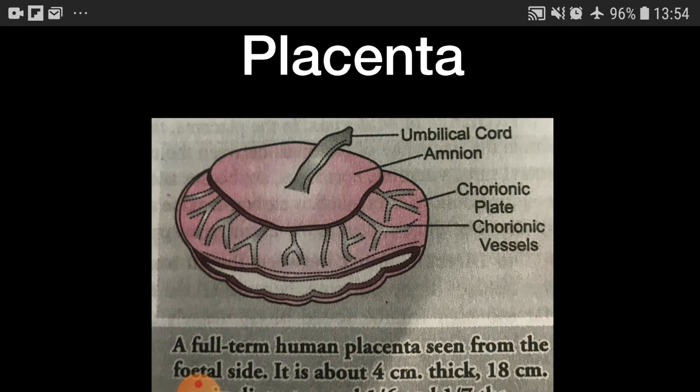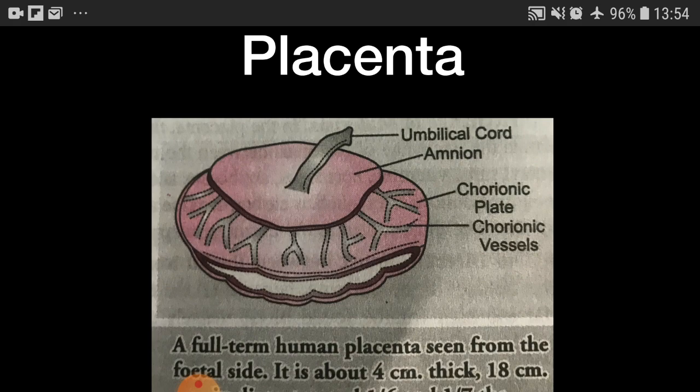So, in the placenta, a large number of villi from the vascular chorion penetrate the corresponding pits, the crypts, which are formed in the uterine wall. The latter becomes very thick and highly vascular to receive the villi. The intimate connection established between the fetal membrane and the uterine wall is known as hemochorial placenta.